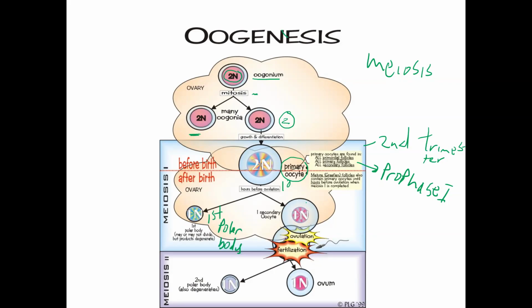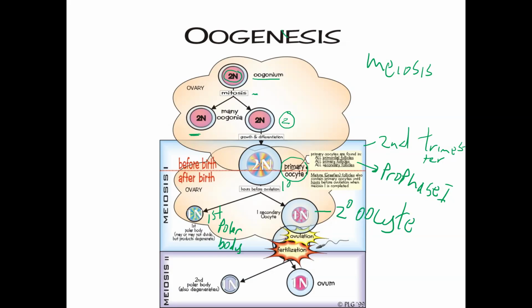Now, the cell that we have over here now, the one that got most of the cytoplasm and other things when the cell replicated, this one is called, of course, your secondary oocyte. And this is the one that is released during ovulation, okay?